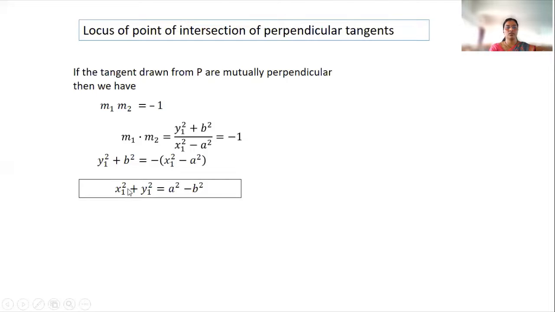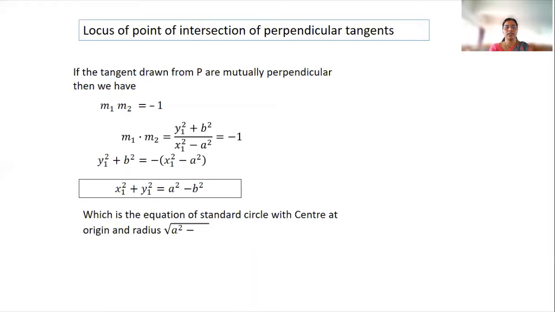From this we get x1 square plus y1 square is equal to a square minus b square, which is the equation of the circle with center at origin and radius square root of a square minus b square.